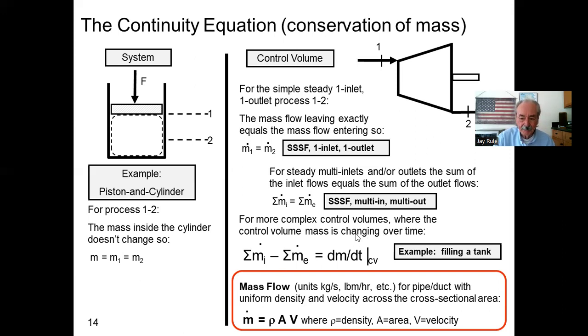Things are different at lunchtime than they are at breakfast time. Well, the continuity equation says dm dt of the control volume, the rate of change of mass inside the control volume, equals the sum of the m dots in minus the sum of the m dots out. That's something you know, but I don't expect it's going to be on your exam.